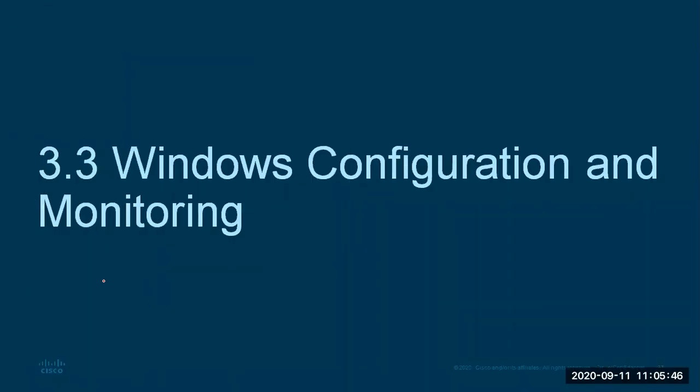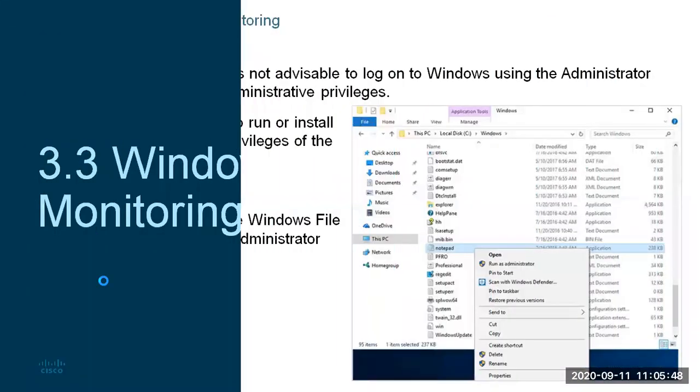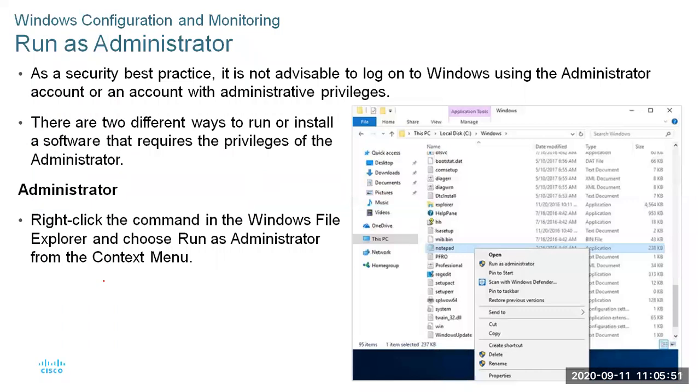Windows configuration and monitoring. Whatever we do on Windows requires certain permissions. As a security best practice, it's not advisable to log in with your administrator account unless you are an administrator and you are always trying to make changes on the system. But there are two different ways to run or install software that requires administrative privileges.